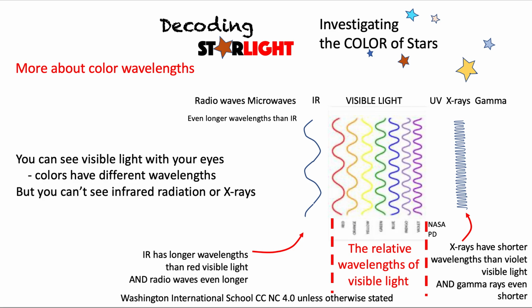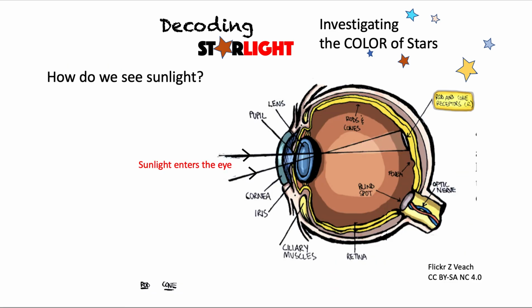Now, how do we see light and indeed the colours? Sunlight enters the eye, goes through the lens, and is focused on the retina, and there are rod and cone receptors on the retina.